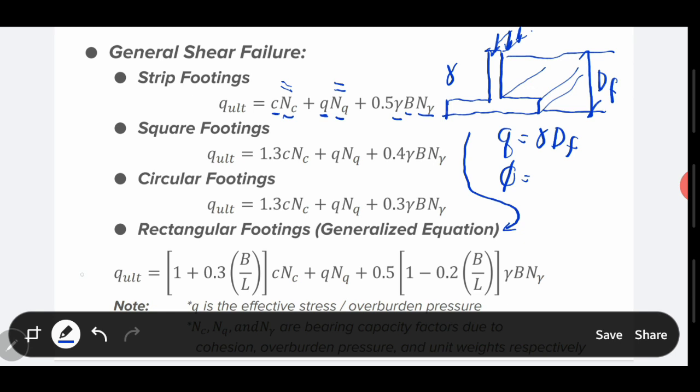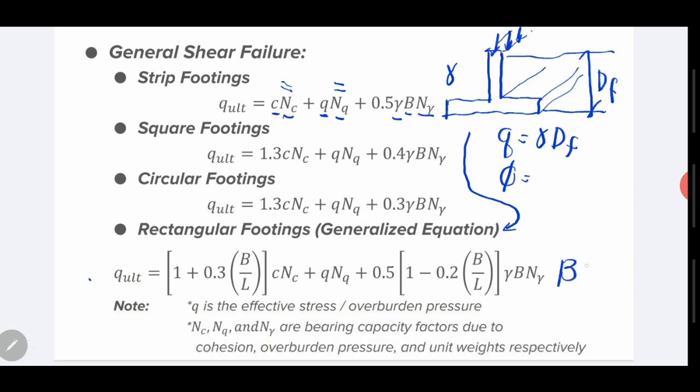So q_ult is equal to (1 + 0.3 B/L) cNc + qNq + 0.5 (1 − 0.2 B/L) γBNγ, where B is less than or equal to L.